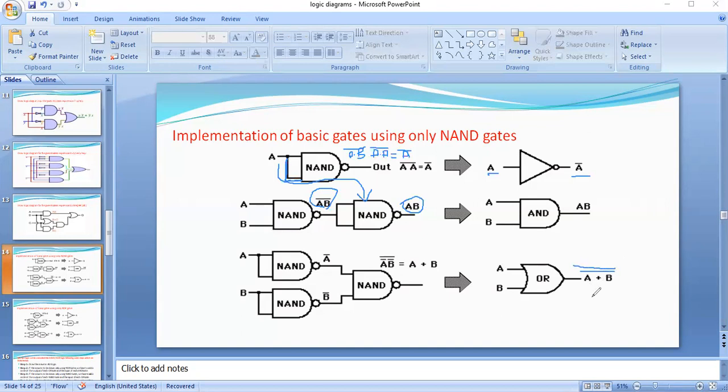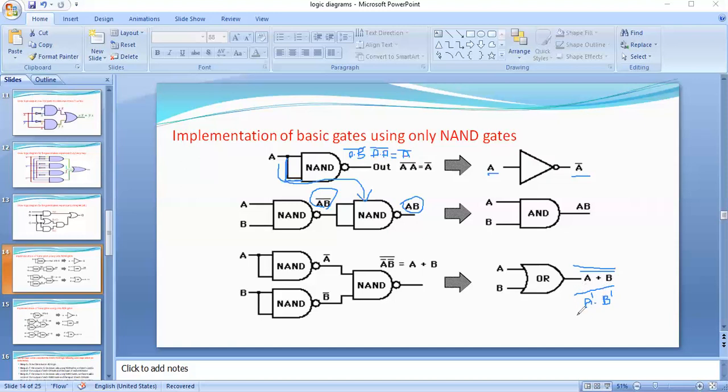See here, (A plus B) whole bar means A bar dot B bar, and another whole bar we have, so I'm keeping it as it is. So this function, (A plus B) double whole bar, is equal to (A bar dot B bar) whole bar. Both these functions are equal.